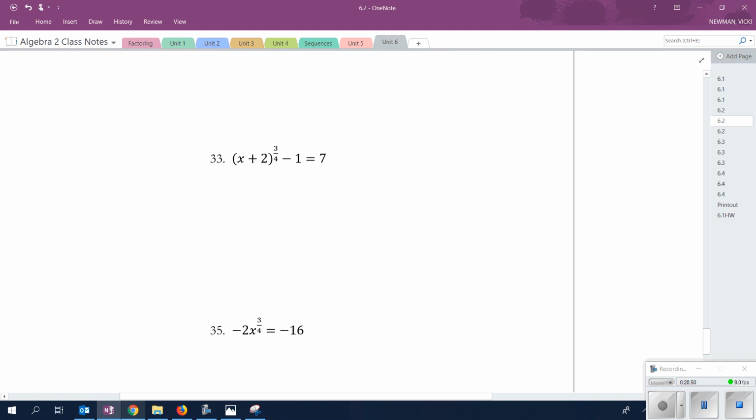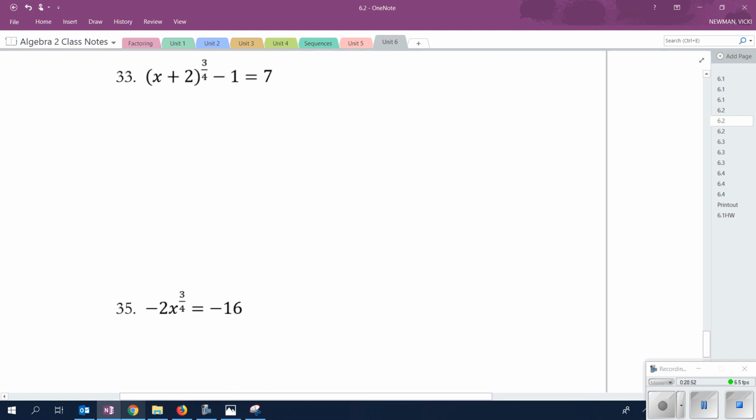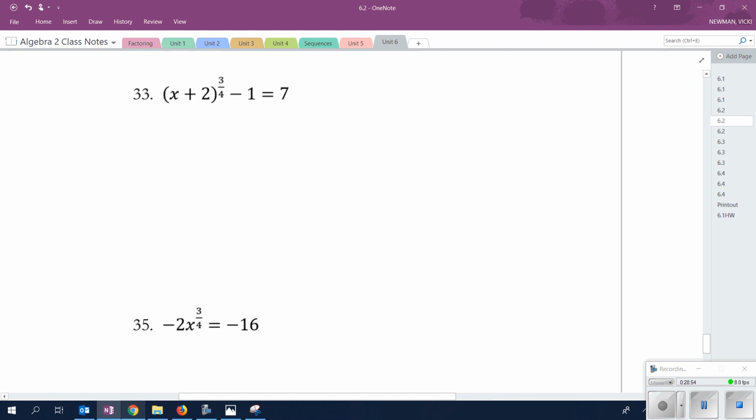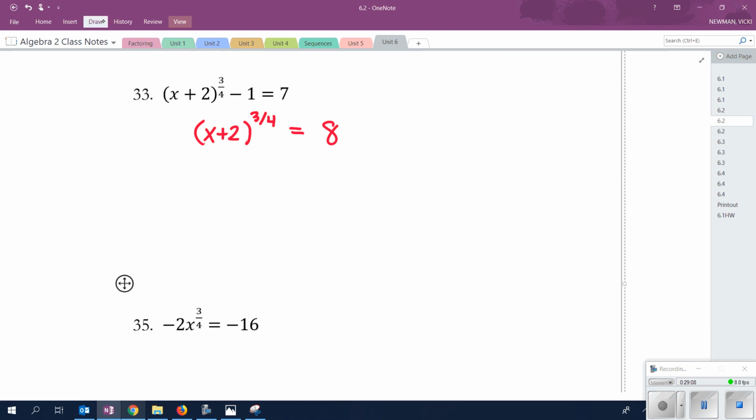All right, 33. What do we do first? If you have to get the weird thing alone, add 1. So x plus 2 is in parentheses, 3/4 equals 8. I usually give myself a little more room than I just did. Okay, undo the weird thing. So what reciprocal power are we raising to? 4/3.